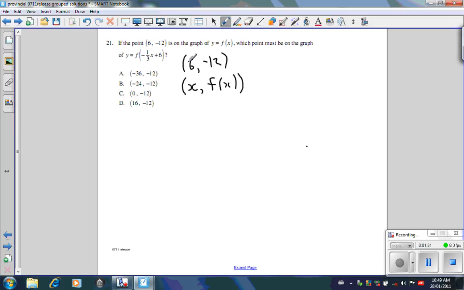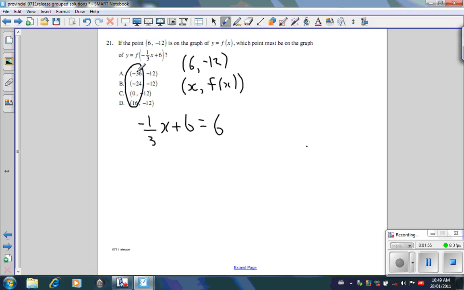Because when the input is equal to 6, I can tell you the corresponding value of y. It's there. So I need the input to my new function to equal this original value of x, 6.